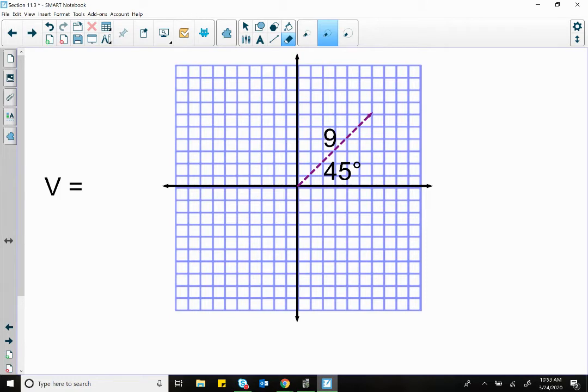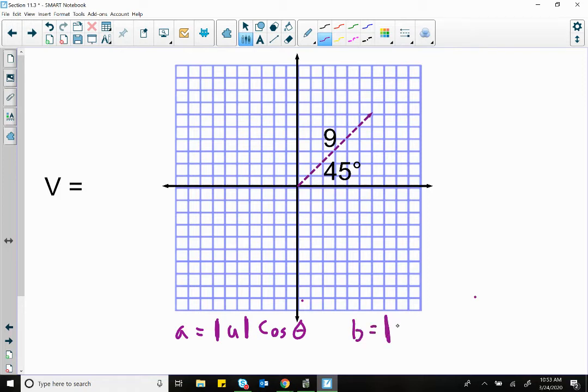And in our notes, there are two formulas. One that says A equals magnitude of your vector cosine theta. And another one that says B equals magnitude of your vector sine theta.